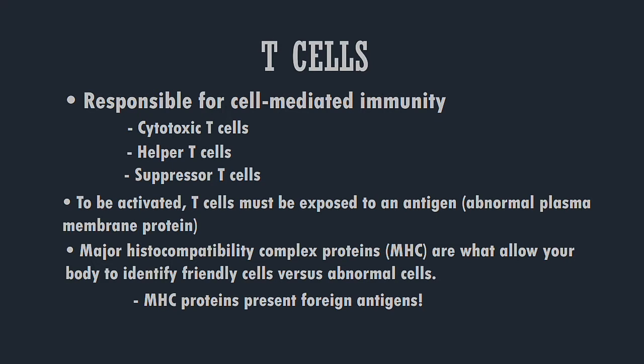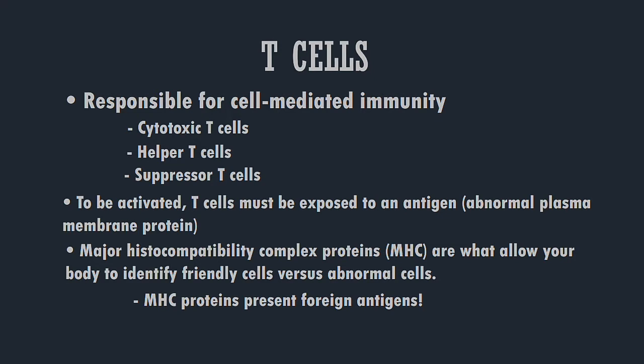Suppressor T cells are kind of the opposite of what helper T cells are doing. Helper T cells help out T cells and B cells in terms of stimulating them to do their job. But suppressor T cells tell them, hey, back off.